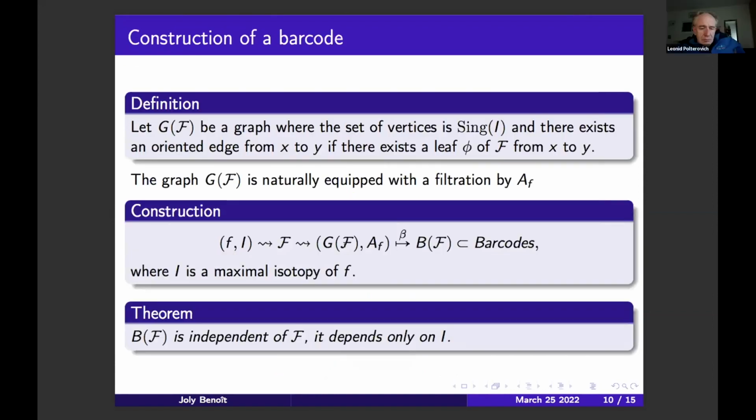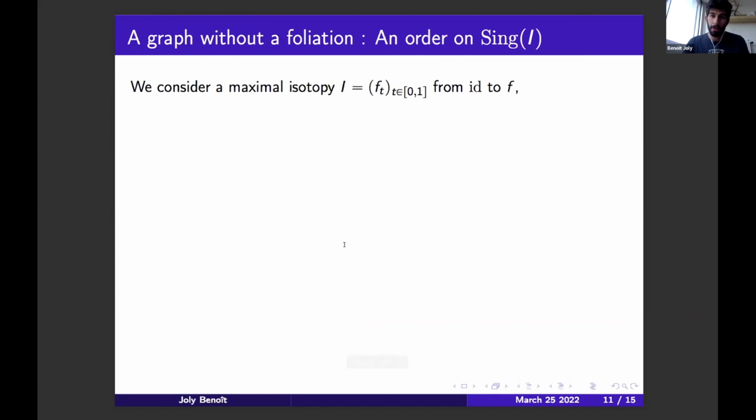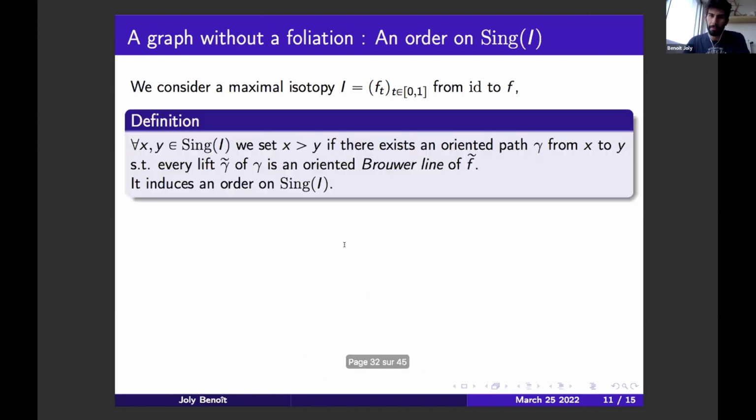Okay, so to prove the independence of the barcode, I need to define another kind of barcode, where I define an order on the set of singularities of the isotopy. Let's consider a maximal isotopy.